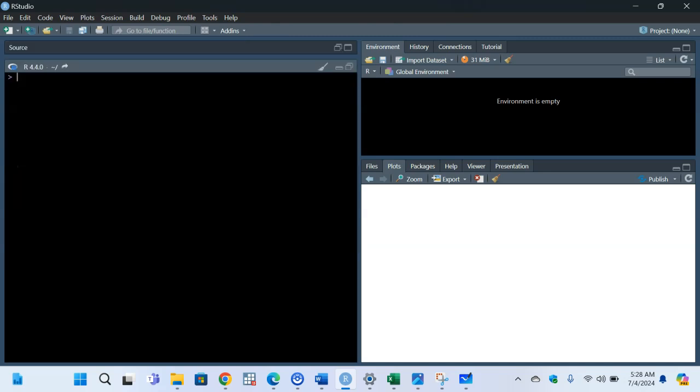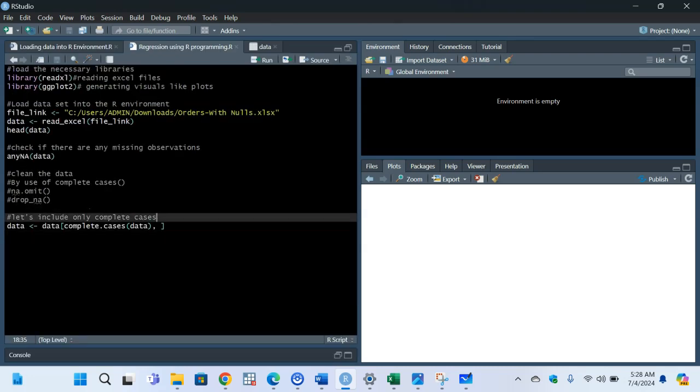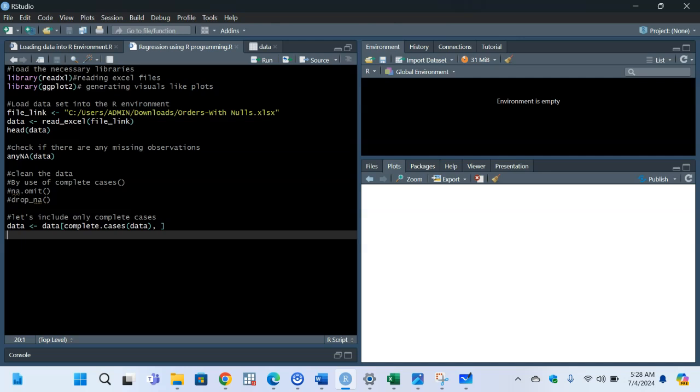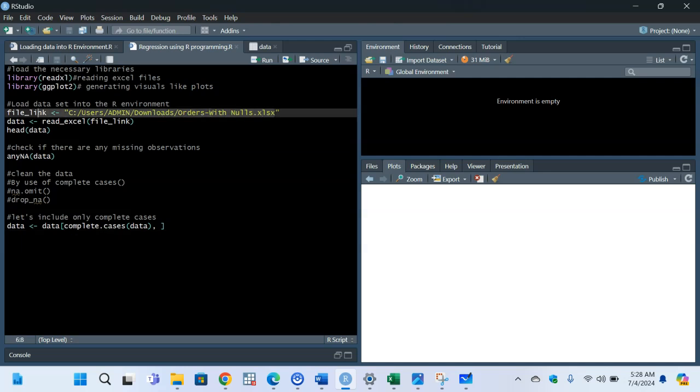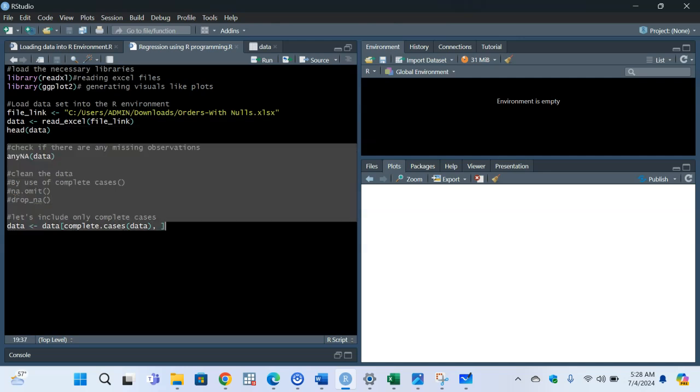So now we had reached here in regards to loading data, and of course after loading data into the environment, this is my source data. It's called nulls. If you want to get this data, I'll be sharing a link. You can also comment in the comment section if you need the data. Then of course seeing what we have and then cleaning it until here.